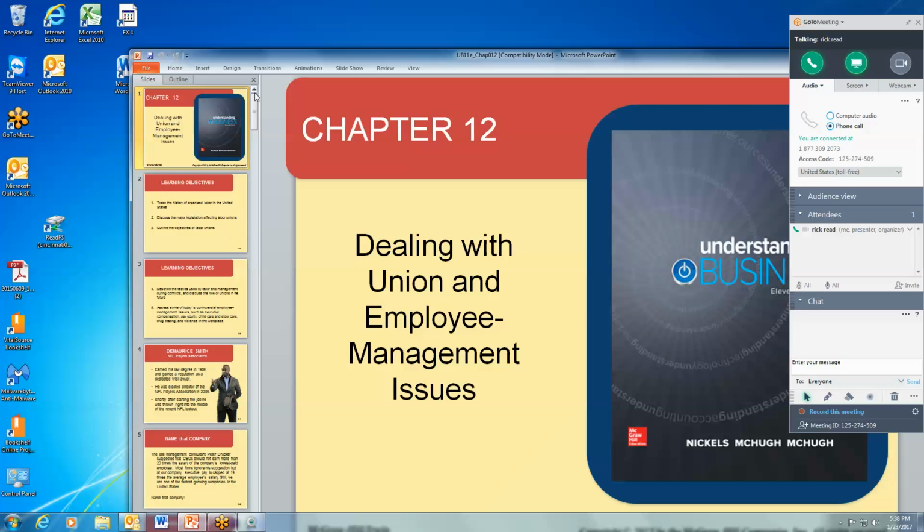All right, 5:39. We're back, and we're going to now discuss dealing with union and employee management issues. Let's look at our learning objectives.